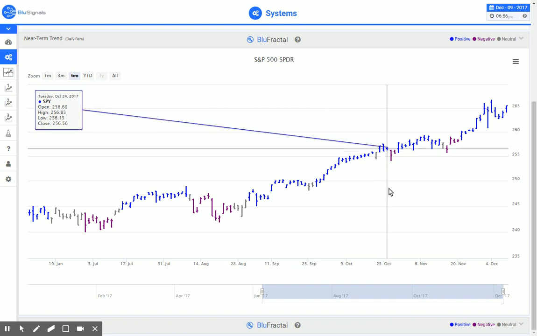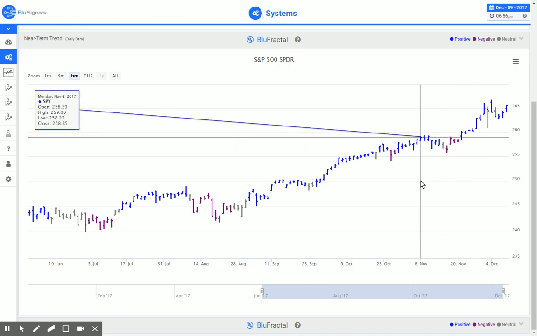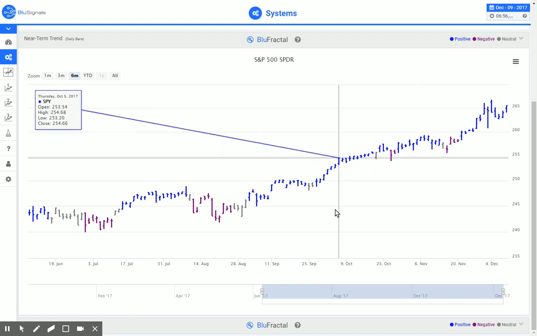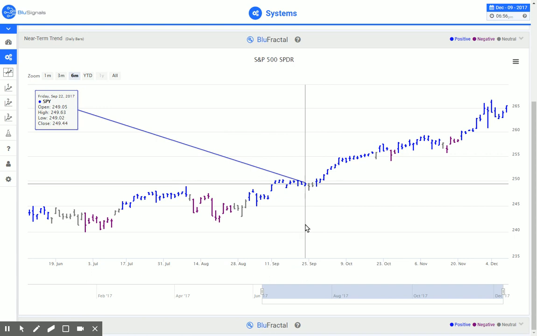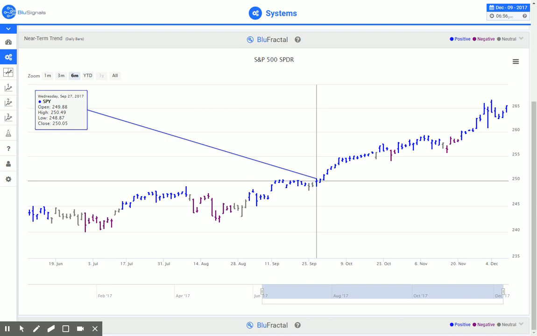You can get in and out of a position based upon the starting and ending points of the directional trend. Oftentimes, this is achieved most efficiently after a transition point. For instance, when the trend transitions from neutral or negative to positive, that's your entry indicator.